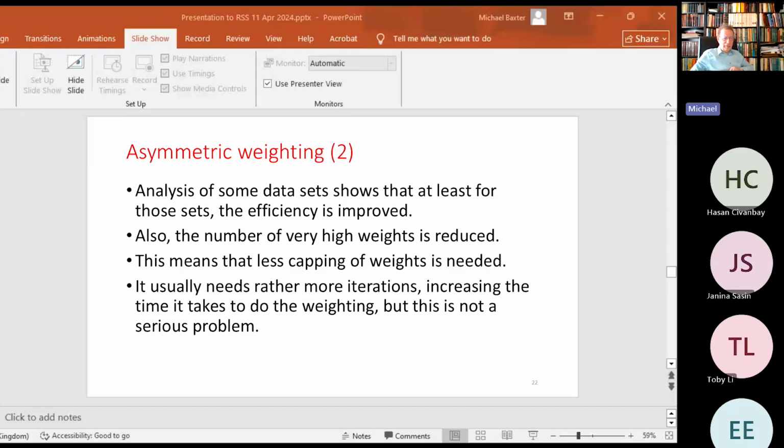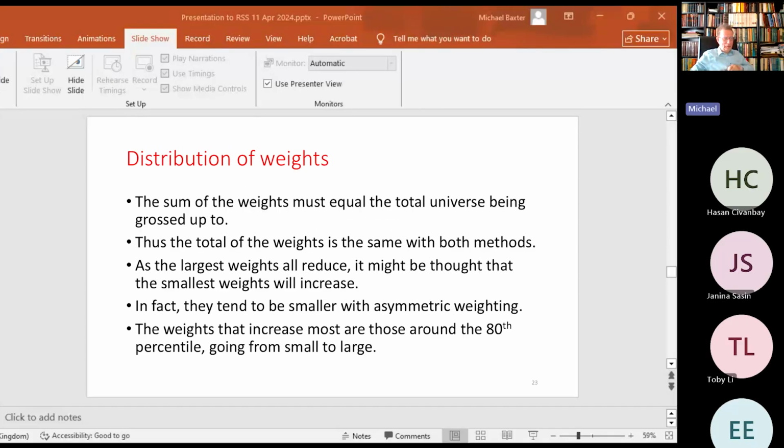Now, you ask, how does the distribution of weights change? The sum of the weights must equal the total universe being controlled to. So the total of the weights is the same in both methods because you're controlling to the same total universe. And as I say, the largest weights will reduce.